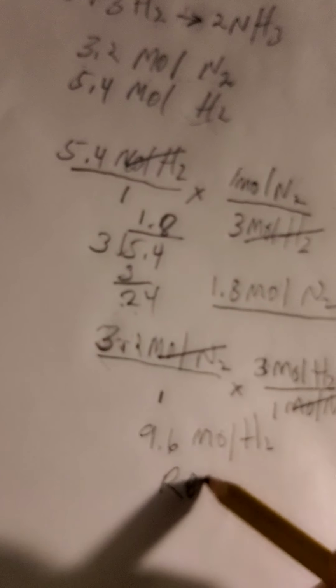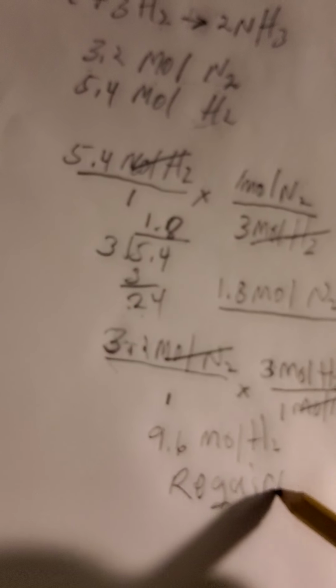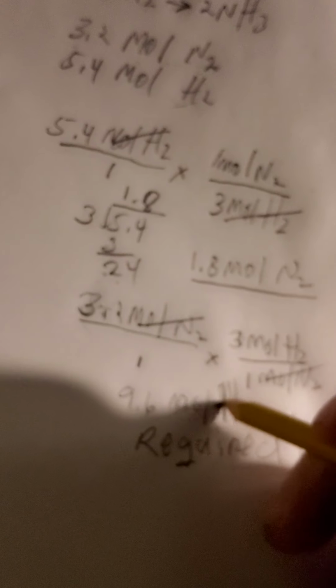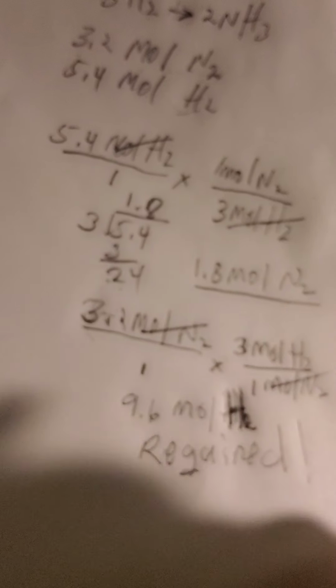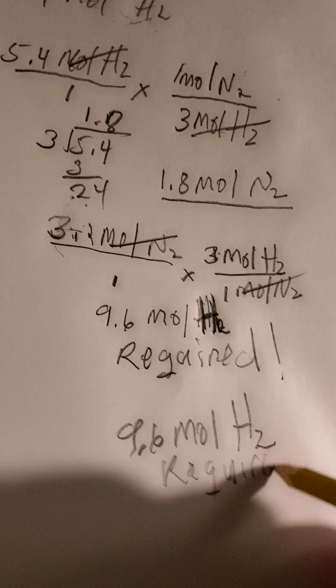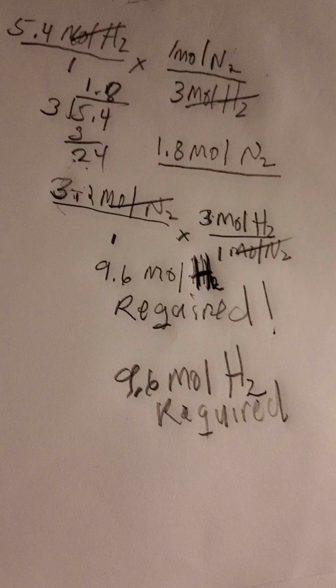That's what's required. Use the empirical formula to find out what's required. 9.6 moles of diatomic hydrogen is required to do a full reaction.